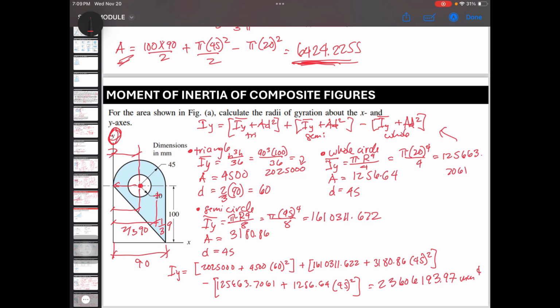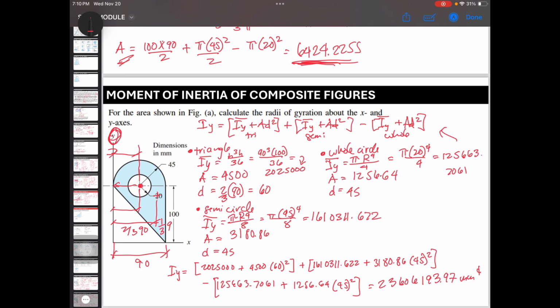Remember, ang unit ng moment of inertia, raised to 4 sila. Basta linear unit and then raised to 4. So, English, inches raised to 4, and then metric or SI, millimeters raised to 4, or meters raised to 4, basta raised to 4 na linear unit.